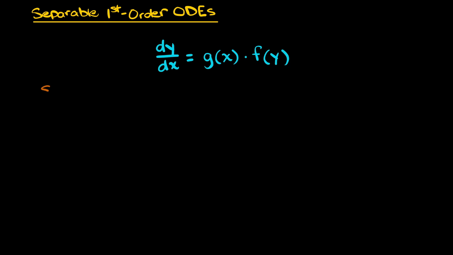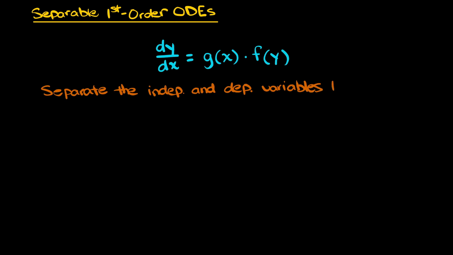So in general, to solve this type of equation, we want to separate the independent and dependent variables, and we want to separate them to the opposite sides of the equation.